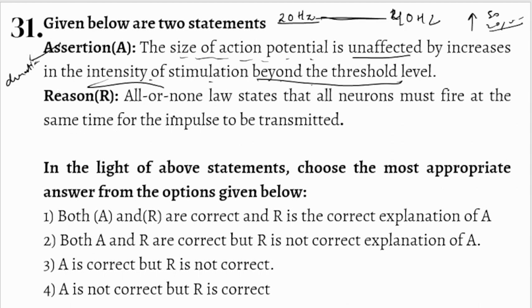Now R. All or none phenomena states that all neurons must fire at the same time. No, all or none phenomena states that either the neuron will fire fully or will not fire at all. So A is correct and R is incorrect. So 3 is going to be our correct answer.